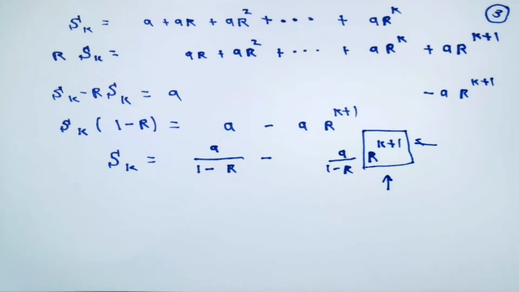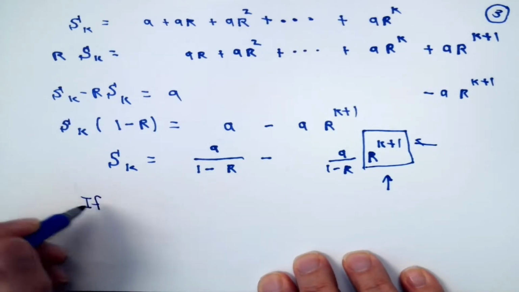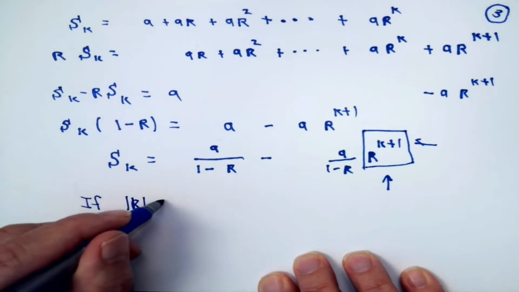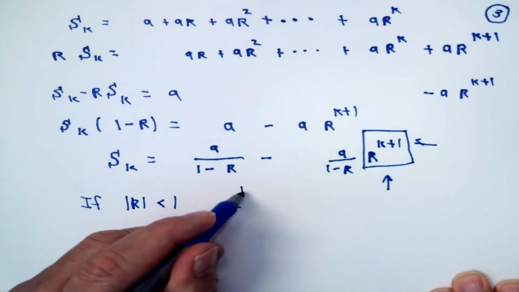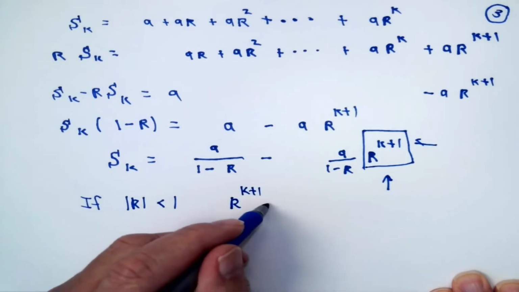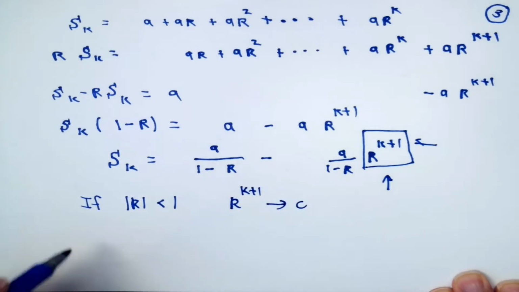I think it's pretty clear that if r is sufficiently close to 0, powers of r will tend to 0. If the absolute value of r is less than 1, then r to the k plus 1 tends to 0.